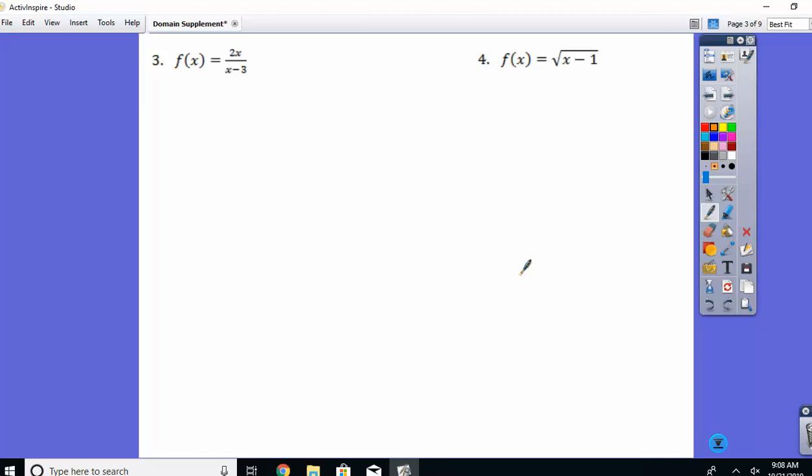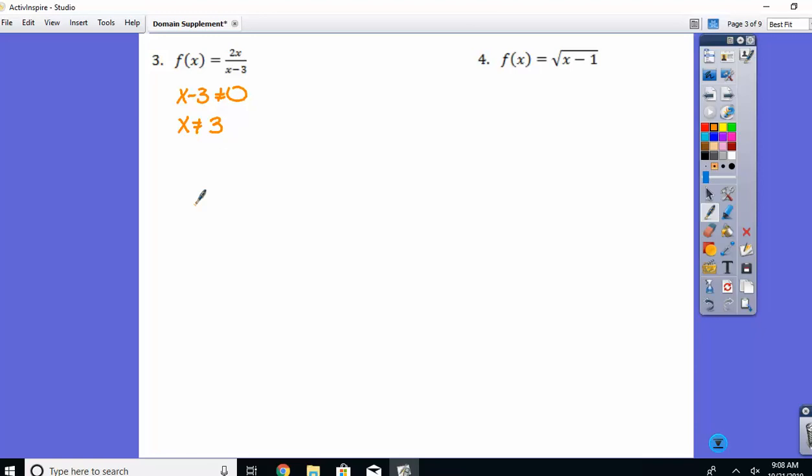The denominator can't equal 0. So x minus 3 cannot equal 0. So if I solve that, add my 3 over, x cannot equal 3.